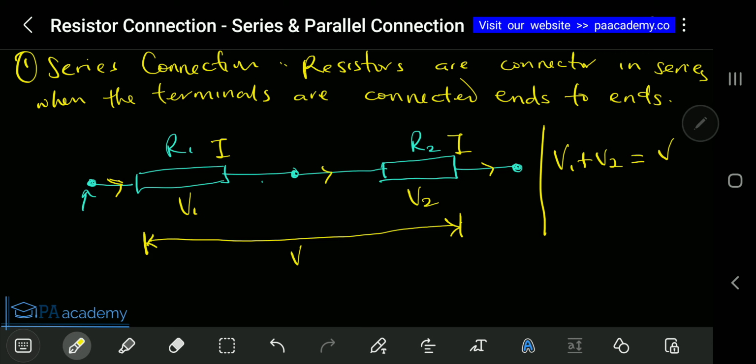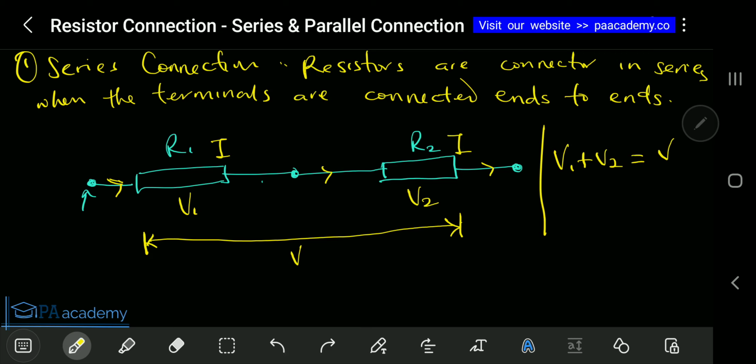So if, let's say, a 5 amp current is flowing through this resistor, the same 5 amp current will flow through the second resistor. However, the voltage will not be the same. If the voltage at this place is, let's say, 5 volts, it might get here and become 4 volts. So they are always different. But if you add them up, it will give you what we have here as V. That's why we have V1 and V2.